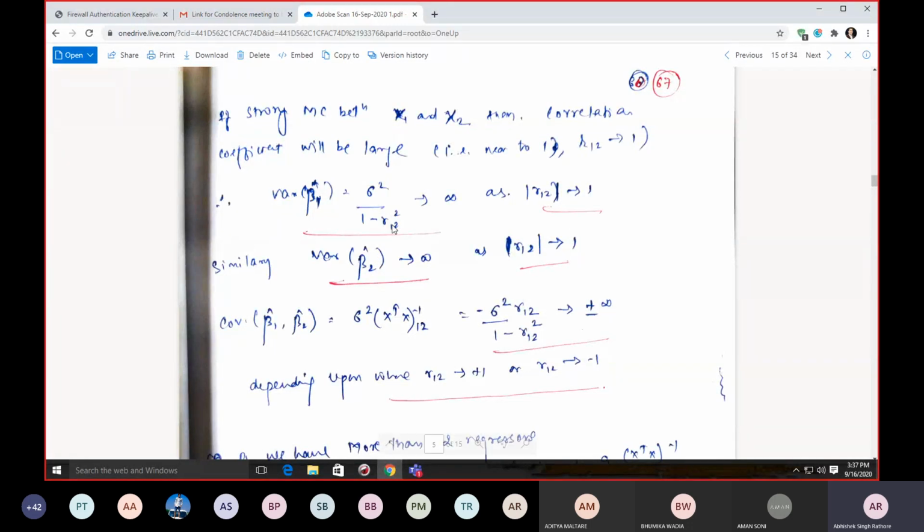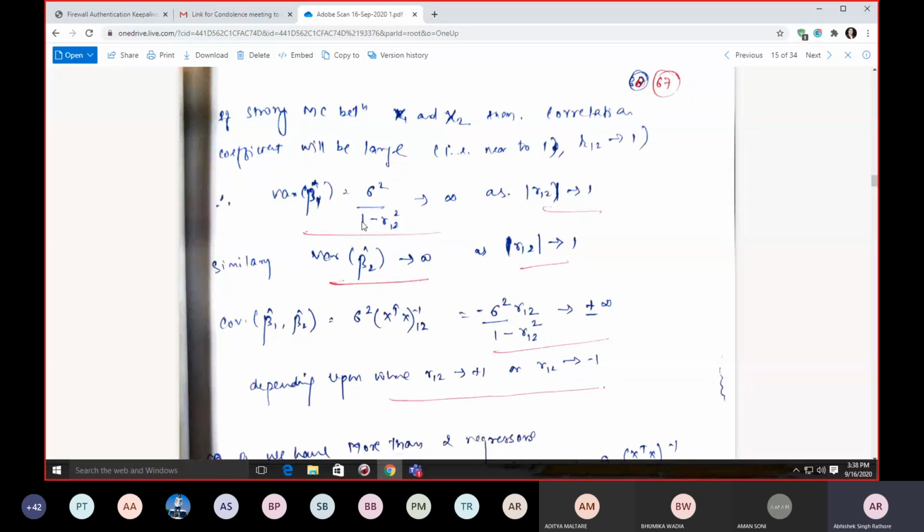If we get 1 minus 1 over here, it means we get the value 0, and if we have 0 in the denominator, the variance is equal to infinity. Even if the correlation is not exactly 1 but, let's say, 0.95, the difference from 1 is very small, so it tends to 0.